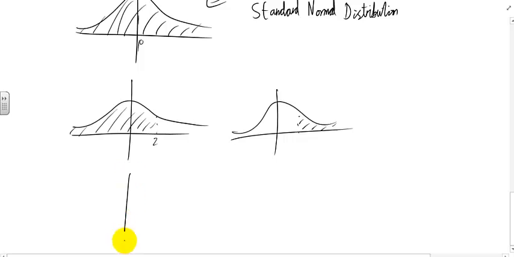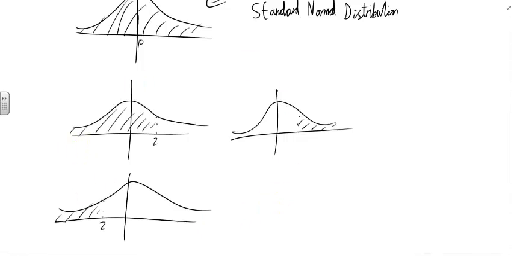Another thing is, the table only covers the right half of the distribution. In other words, it doesn't tell us the probability of something like this. Fortunately, we can use the symmetrical property and the total area to work out all these different cases, and we will learn this in later sections.